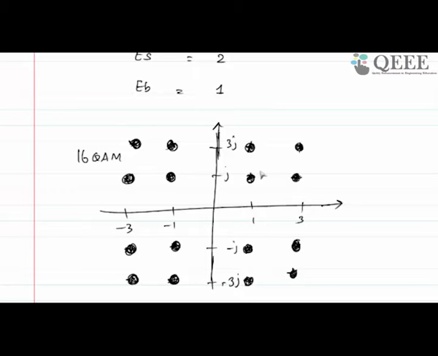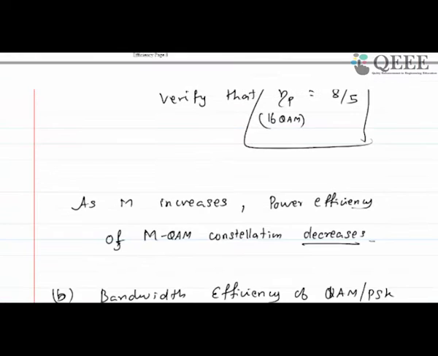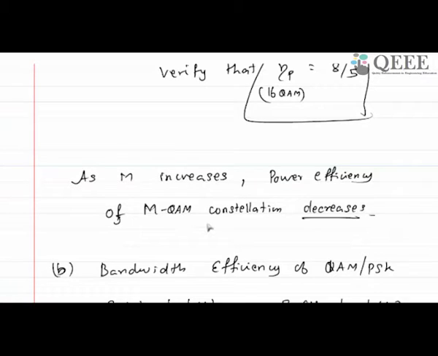You want to keep the average symbol energy constant across all these different constellations. When you keep that the same and put more points in the constellation, they get closer and closer. That is why the power efficiency of 64 QAM will be worse than 16 QAM, and so on. So as M increases, the power efficiency of QAM constellations decreases.